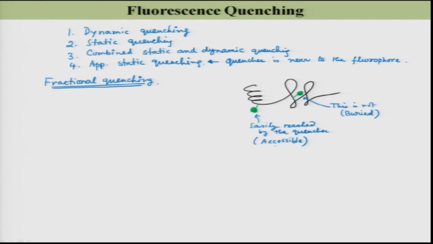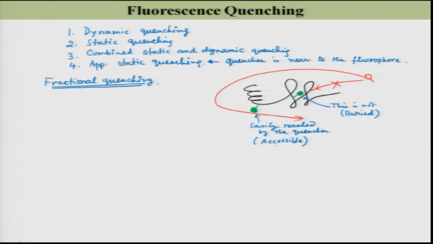If so, now if I add quencher, the quencher will come and interact with this fluorophore, but the quencher cannot come and interact with this fluorophore.